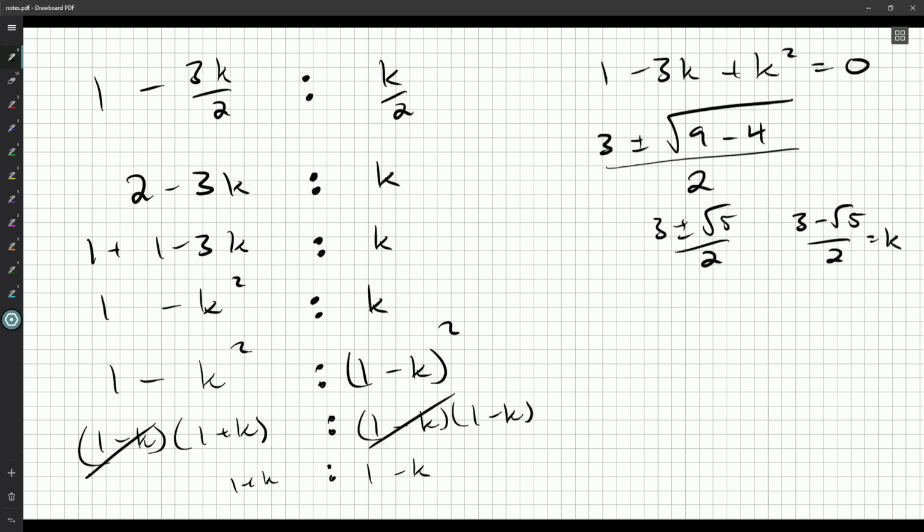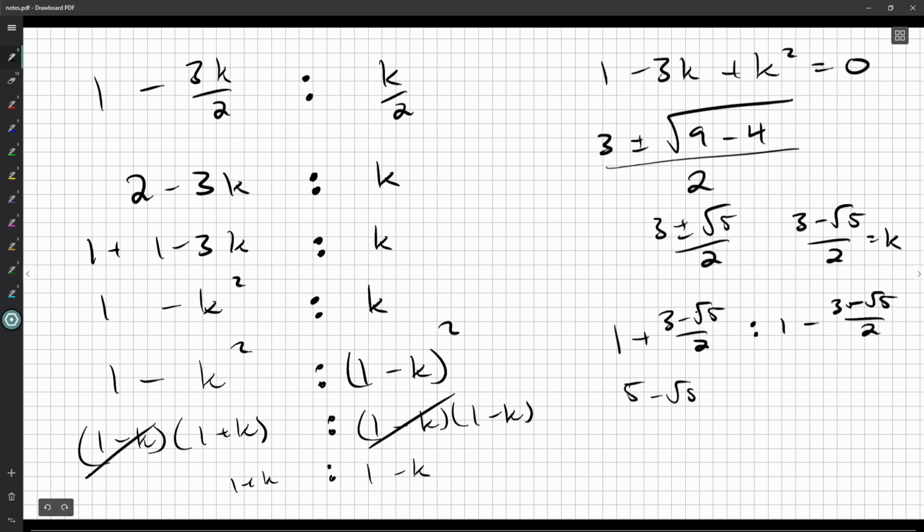Then we're looking at a ratio of 1 plus (3 minus root 5 over 2) to 1 minus (3 minus root 5 over 2). So that's 5 minus root 5 over 2 to root 5 minus 1 over 2.